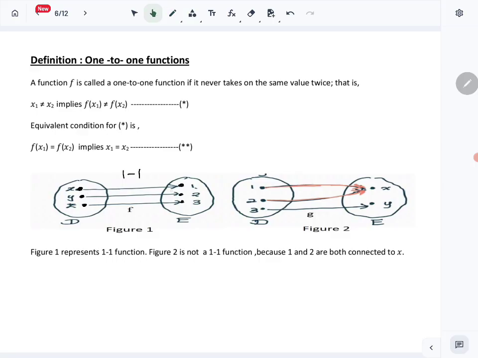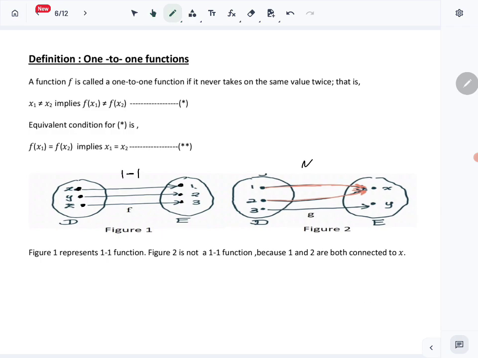And look, it never takes the same value twice. X is only connected to 1, y is only connected to 2, z is only connected to 3. This is also a function, the second diagram, that is what? Many to one. But this is not a one-to-one function because why? 1 is connected to x, 2 is connected to x.